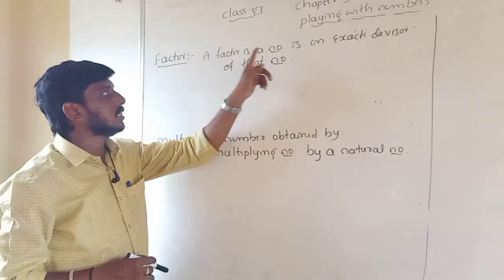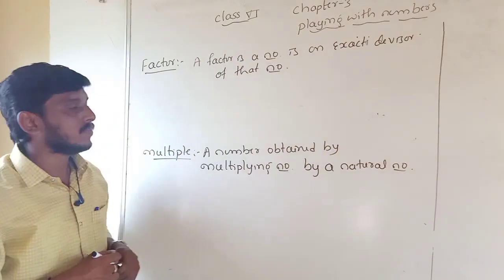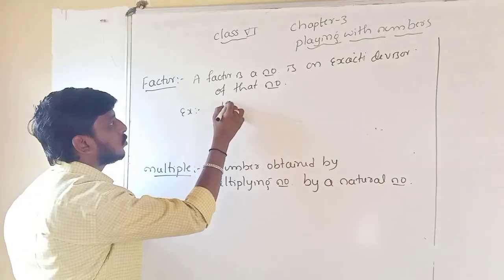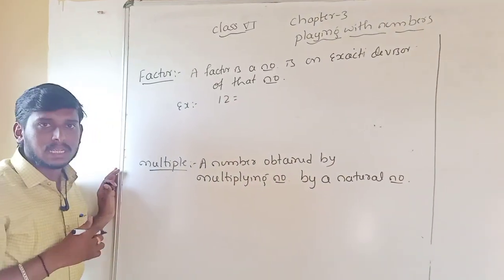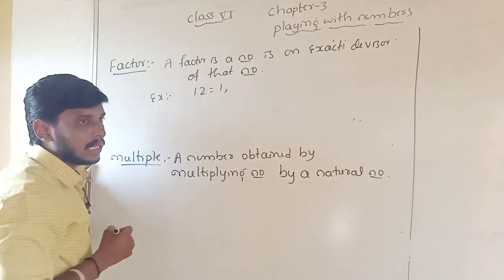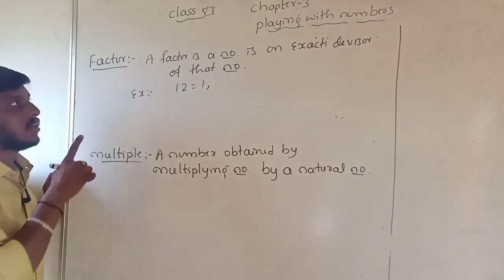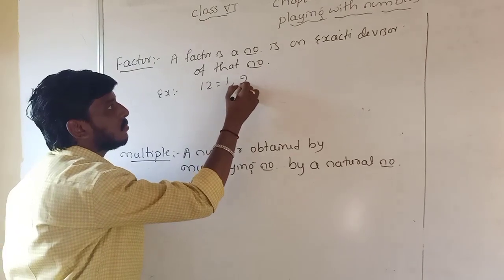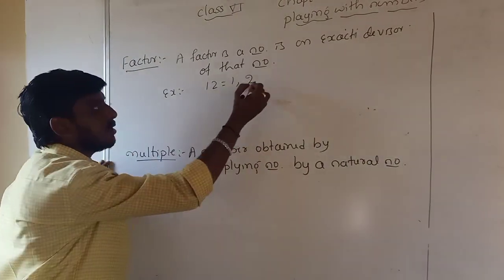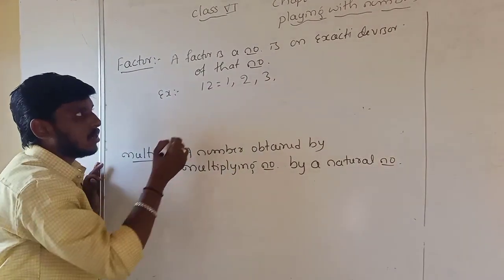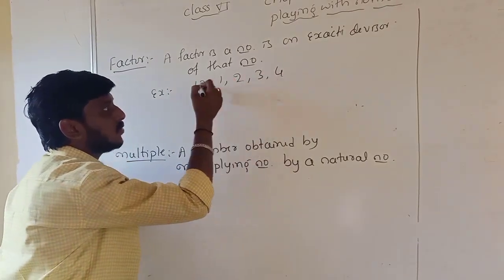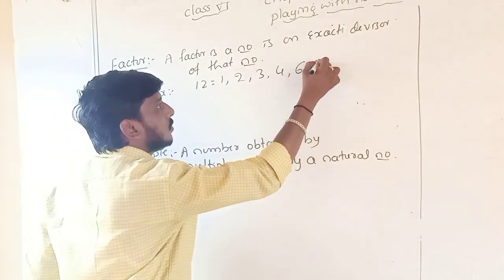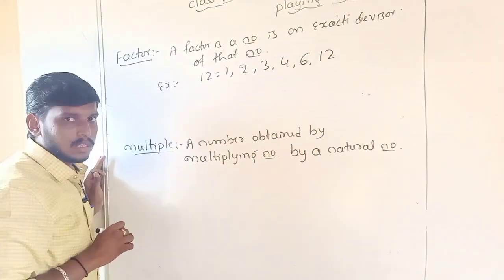The definition of a factor: a factor is an exact divisor of the given number. One more example. What are the factors of 12? 12 comes in which tables? First, 1, obviously, because 1 is a factor of all numbers. 12 comes in the 2 table, in the 3 table, 3 fours are 12, in the 4 table, 4 threes are 12, in the 6 table, 6 twos are 12, and lastly in the 12 table.